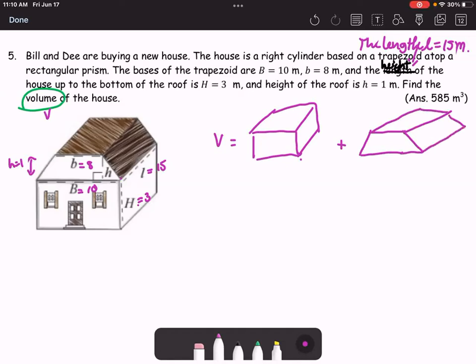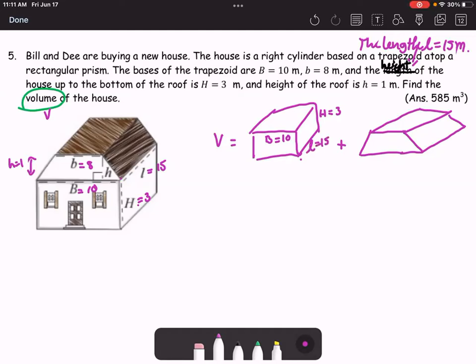Let's put the dimensions of these two geometric shapes. For the rectangular prism, the base B is 10, the same as the base of the house, and the height, uppercase H, equals 3, and the length of the house, L, equals 15.